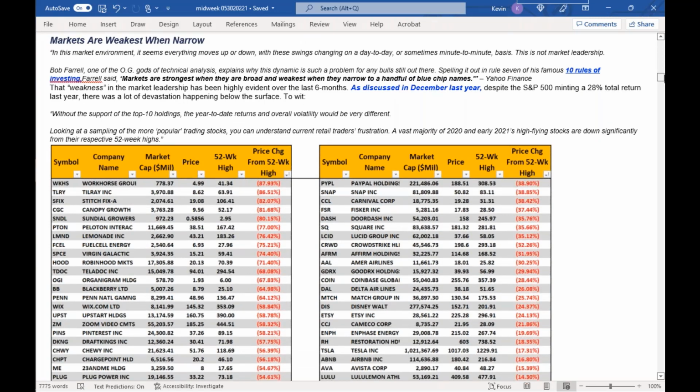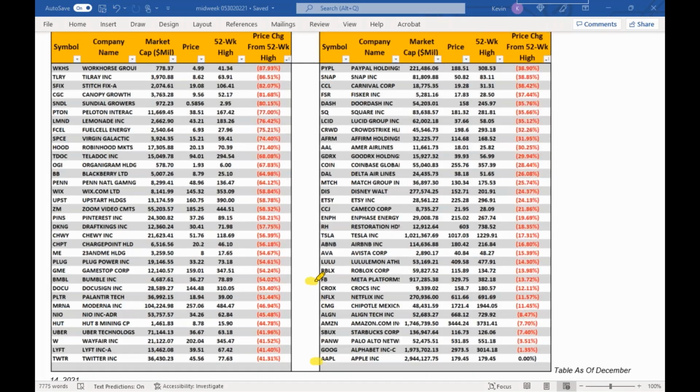Markets are weakest when narrow. Duh, if you've got a narrow group of stocks that are moving versus a broad group of stocks that are moving, of course it's weak. It means that FANG stocks are moving the whole market. Down 13.72. Some of you trade Lululemon, down 14.5.